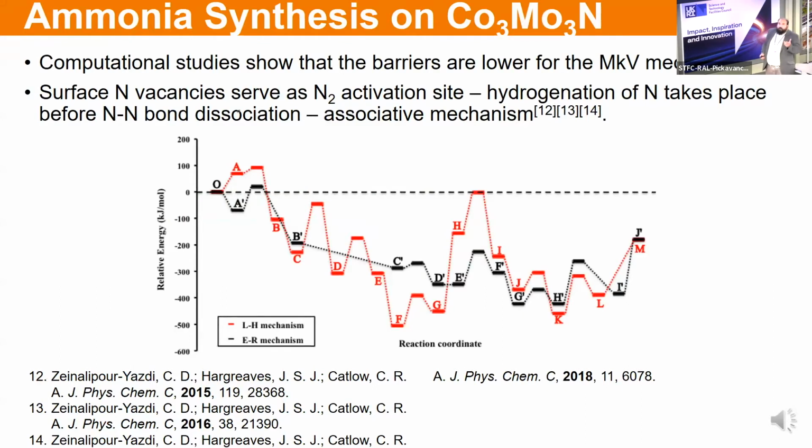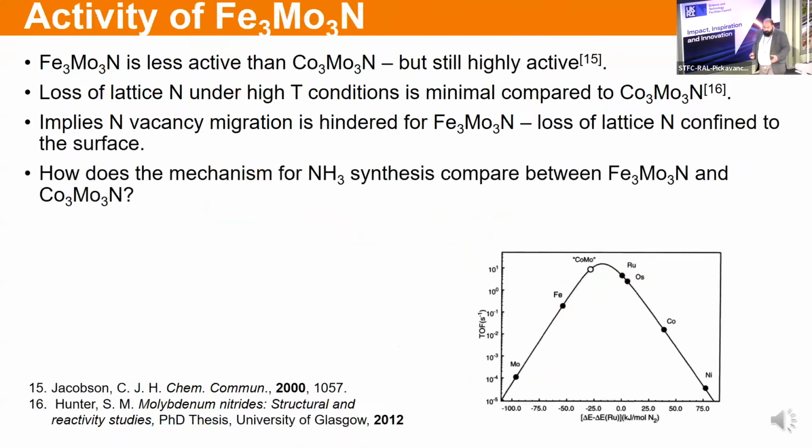So, as I mentioned, the surface nitrogen vacancies serve as a site for N2 activation, and the hydrogenation of one of those nitrogen atoms takes place before the nitrogen-nitrogen bond dissociation. So we have this associative mechanism, and this provides a nice explanation for the activity of the cobalt molybdenum nitride system.